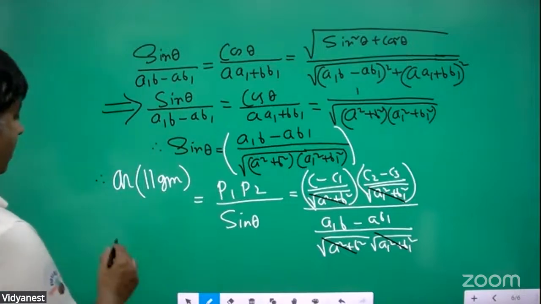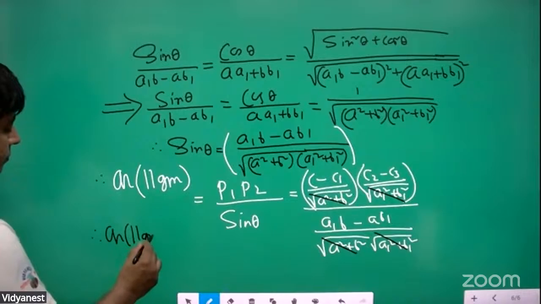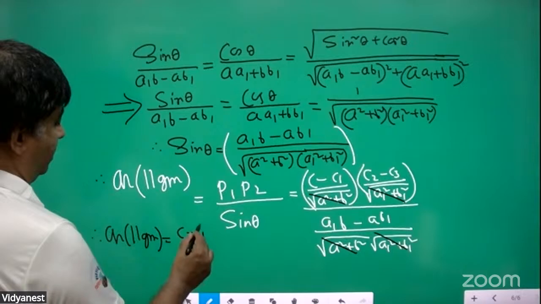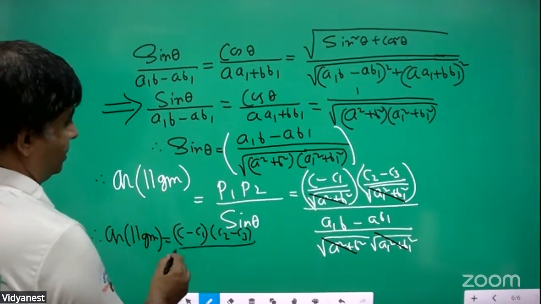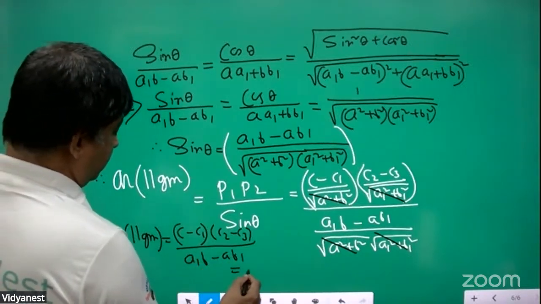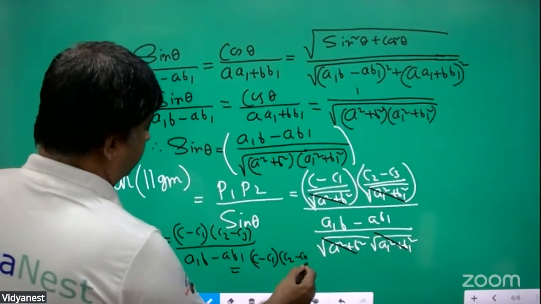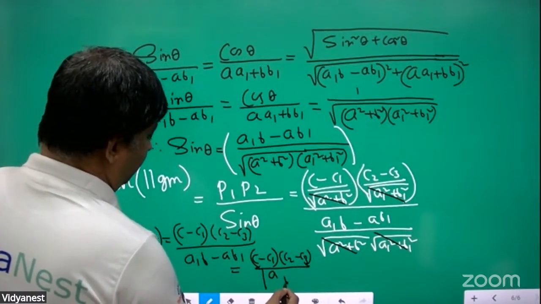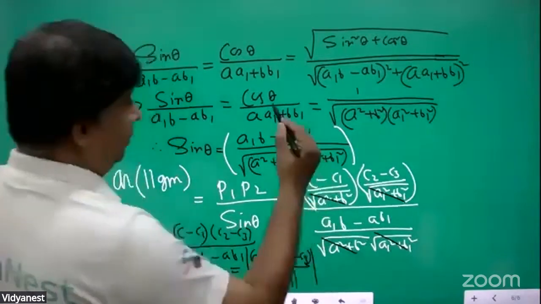So, area of the parallelogram is C minus C1 times C2 minus C3 by A1B minus AB1. So this is the area of the parallelogram.